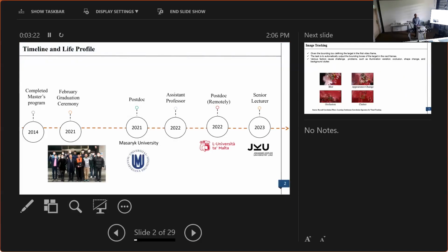Just briefly, I will introduce myself and my profile. I finished my master's degree in 2014, and I earned my PhD in 2021. In the same year, I got a postdoc, and I got promoted to assistant professor in my previous institute.